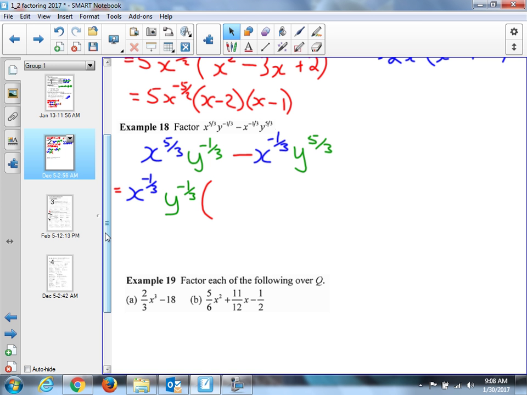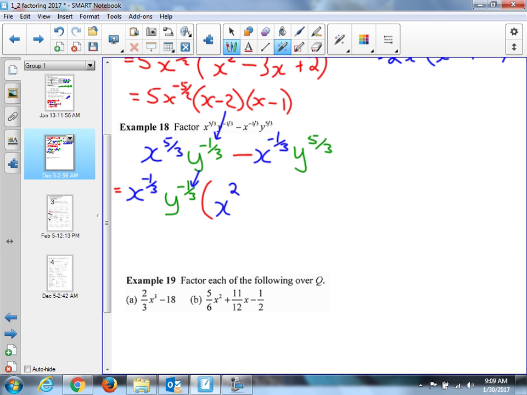Now, what do I get left behind? Remember, anytime we're dividing out with fractional exponents or any exponent, you can think of it as subtraction. So what I'm thinking is 5/3 subtract negative 1/3, so I'm really adding 1/3. So 5/3 plus 1/3 is 6/3, 2, so I come up with x to the 2. For the y term, this is an exact match, so it's a 1.